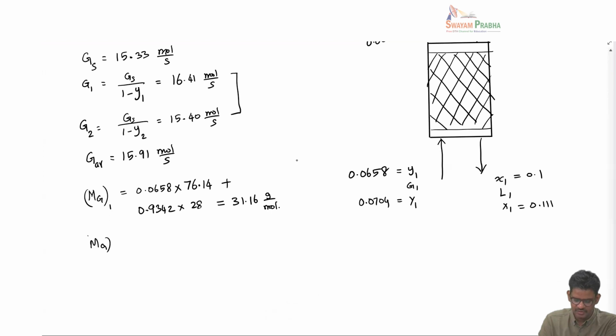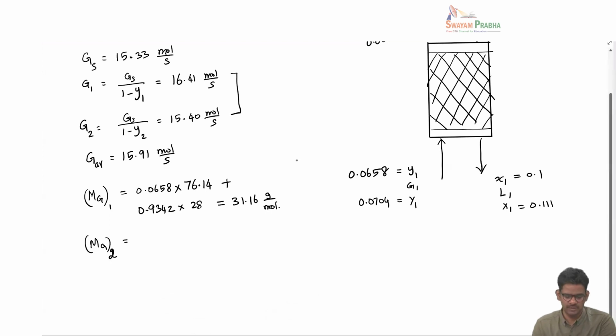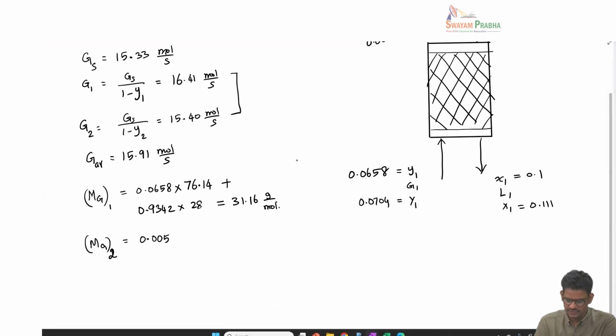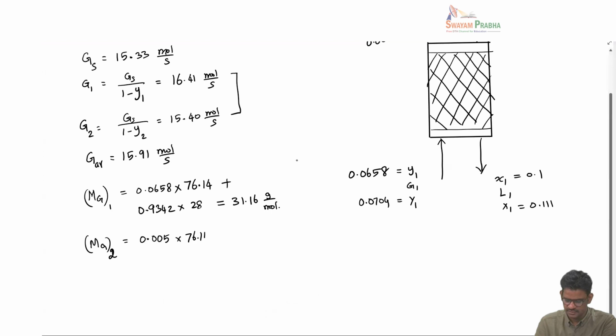Let's calculate the average molecular weight at the top of the column, where the composition of the solute is 0.005 and the rest is nitrogen. You'll get 28.24.